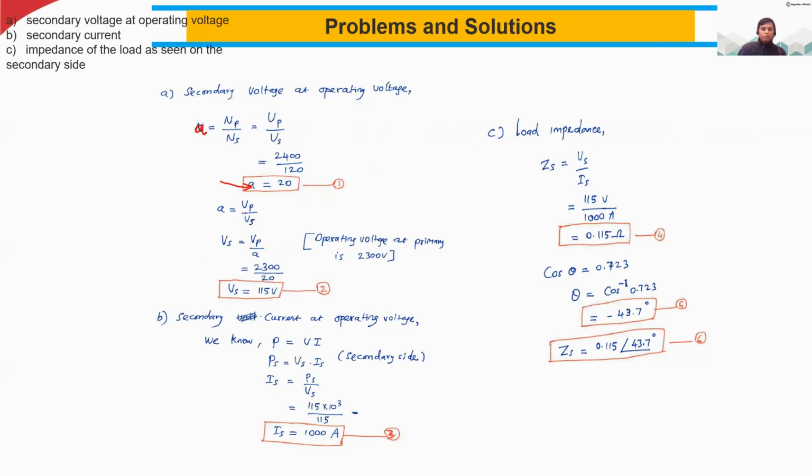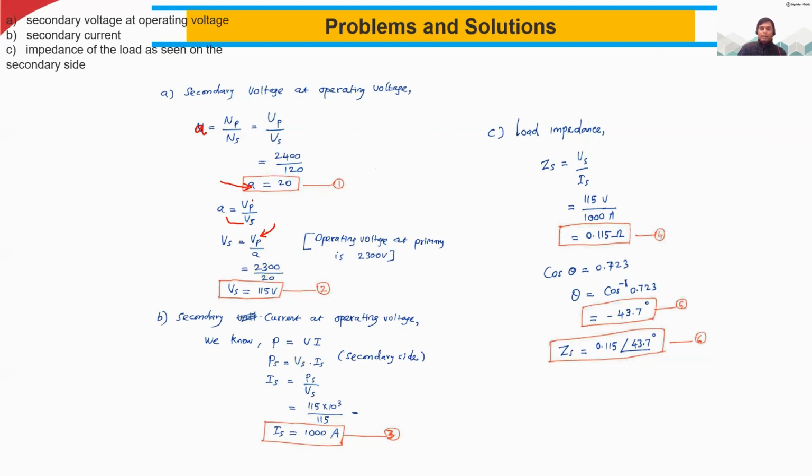And A is equal to VP divided by VS, and VS is equal to, we are just bringing it here, VP divided by A. VP, now we are considering the operating voltage, that is the 2300 volt instead of 2400. So 2300 divided by A, that is 20.